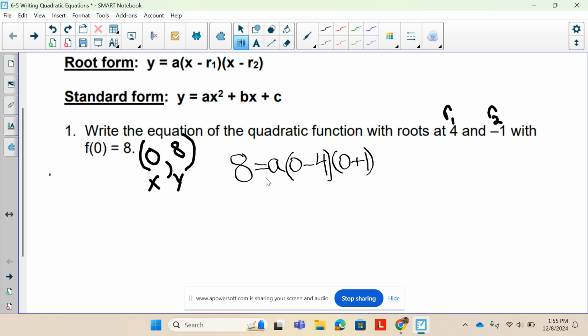And now what we need to do is we're going to go and solve for a. So to do that, I do 0 minus 4 is -4, and 0 plus 1 is 1. And those would multiply together, that would be -4, wouldn't it? So let's get our -4 there. And that's all multiplied by a, and equals 8.